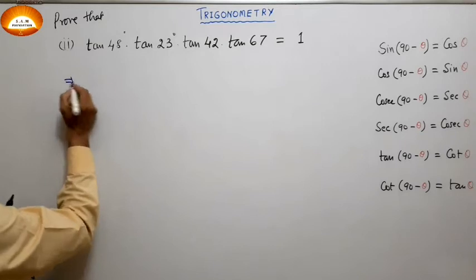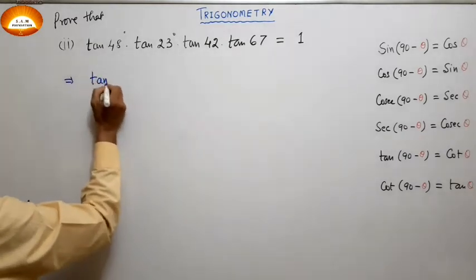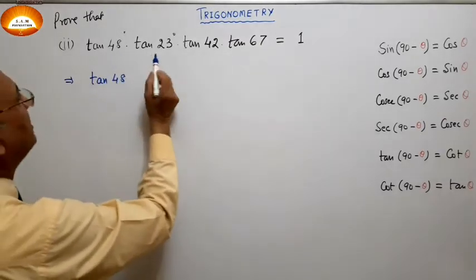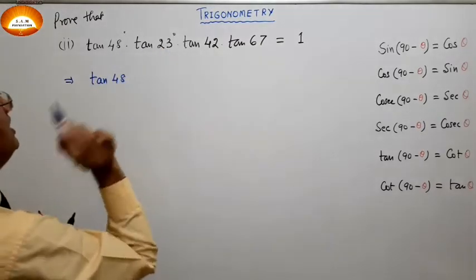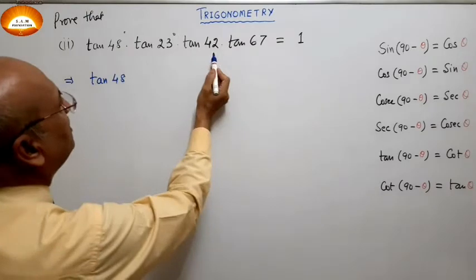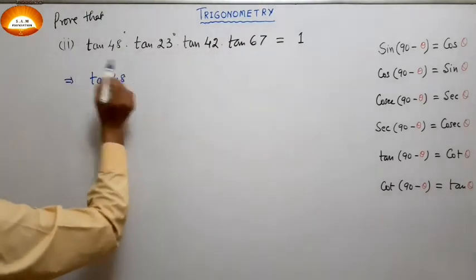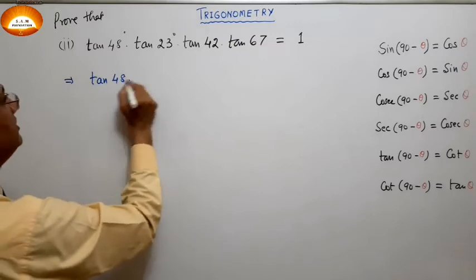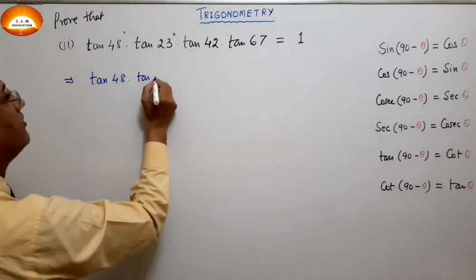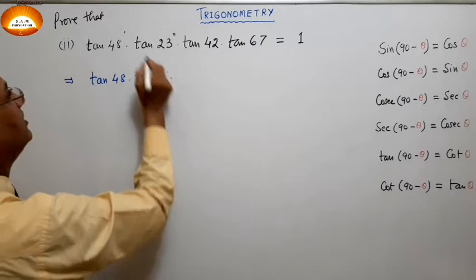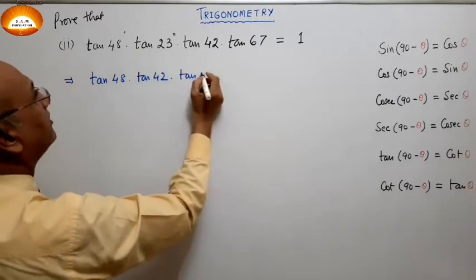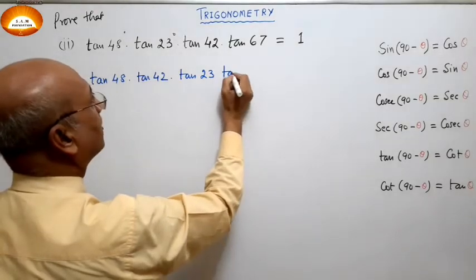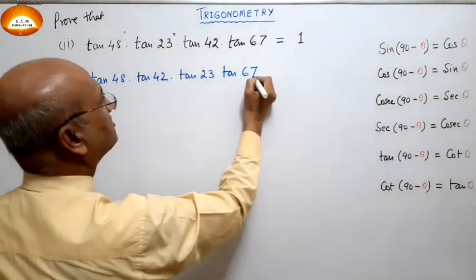See, for the first step, if I am taking tan 48, then 48 plus 23 is not 90. 48 plus 42 is 90. So I am going to keep tan 48 and tan 42 together. Tan 48 into tan 42, then tan 23 and tan 67.